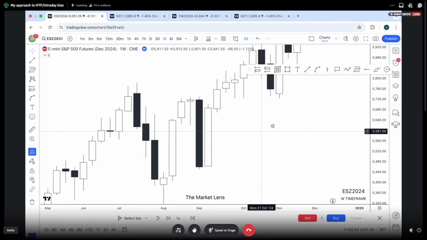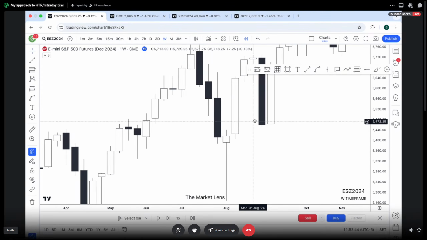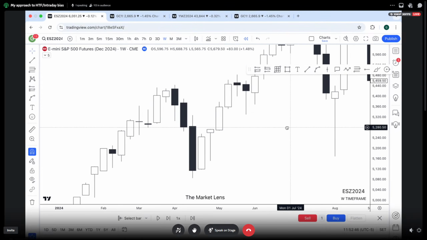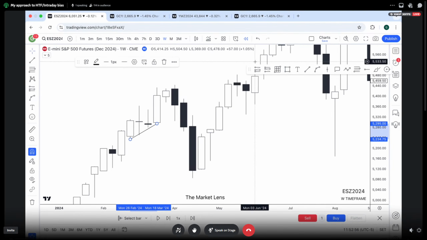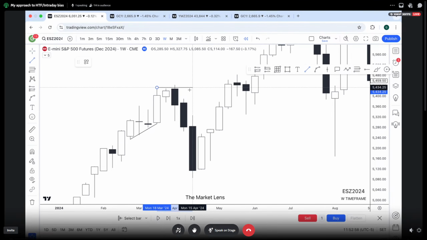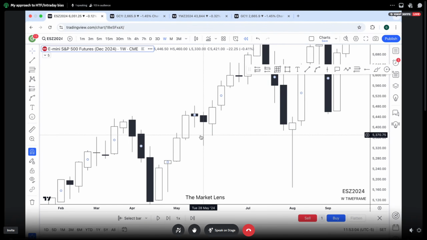I could probably see it better on the daily chart. This here is all low resistance. You see how the low of each candle is near each other? That's all low resistance. So when we manipulate, this is what we want to target, all these lows.